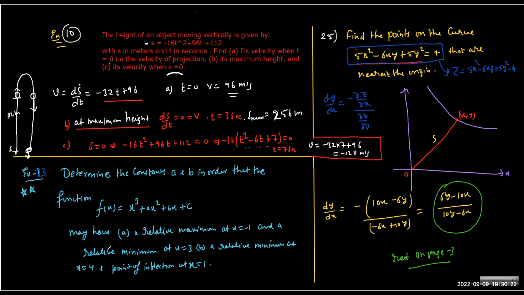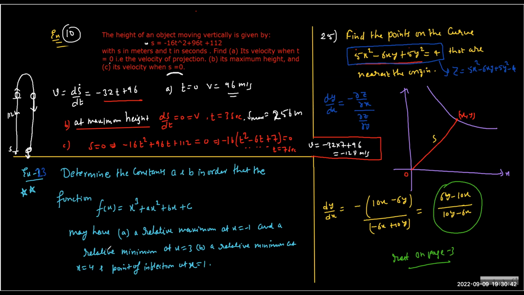That's it. Okay. So determine the constants A and B. A and B are not given to us. There is a relative maximum at x equals -1. First of all, whether it is a relative maximum or a minimum, the rule is simple.